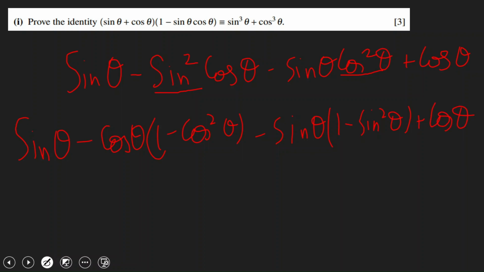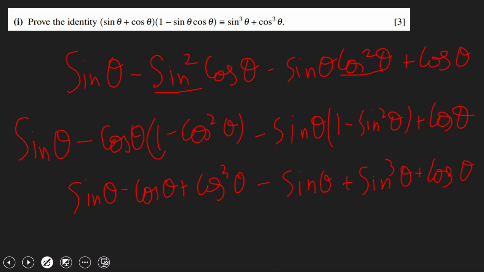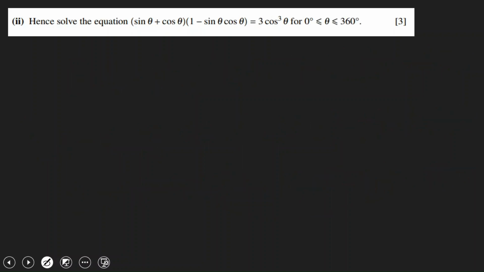Sine theta minus cos theta plus cos cubed theta minus sine theta plus sine cubed theta plus cos theta. So cos theta minus cos theta, sine theta minus sine theta, we're left with only this. Which just hence proves that.